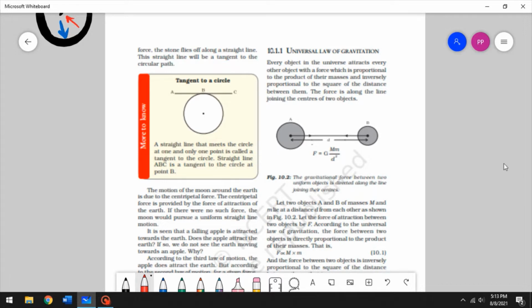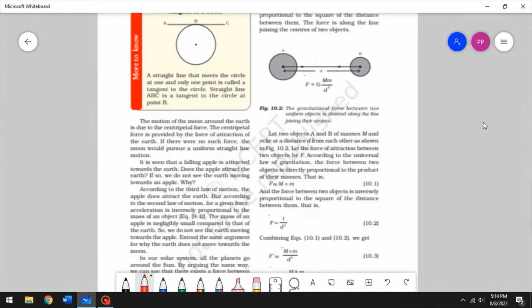Alright? So the motion of the moon around the earth is due to centripetal force. So the centripetal force is provided by the force of attraction of the earth. Alright? But if there was no such force, the moon would pursue a uniform straight line motion. So if this is the earth, let me do the earth in blue. Alright?